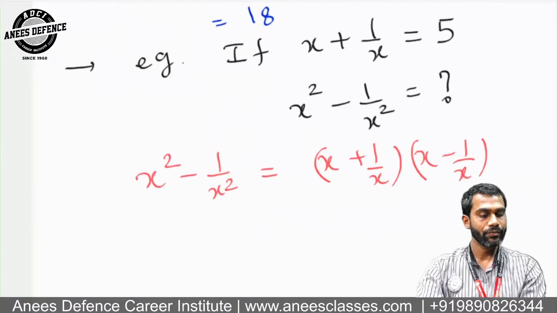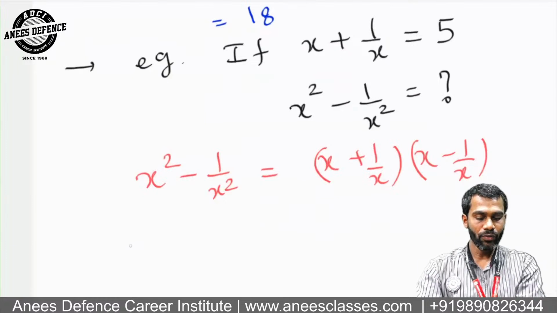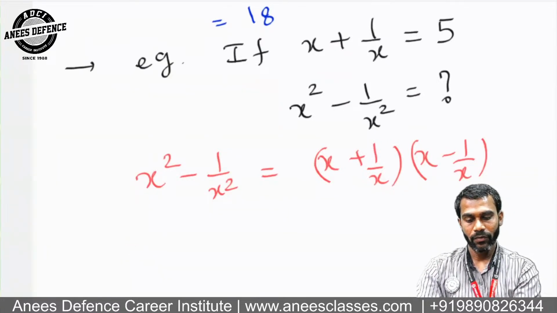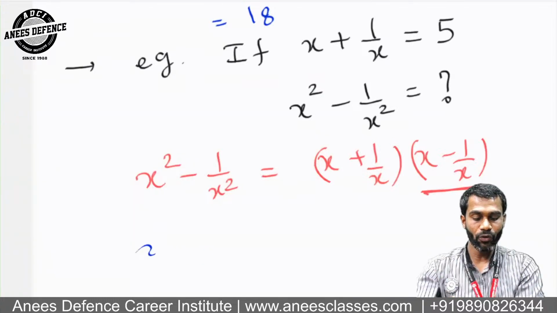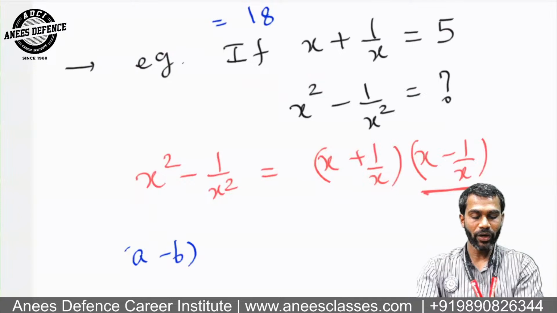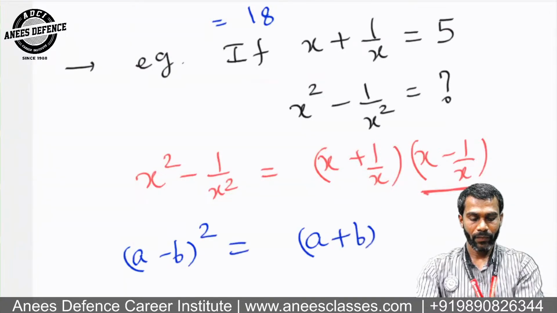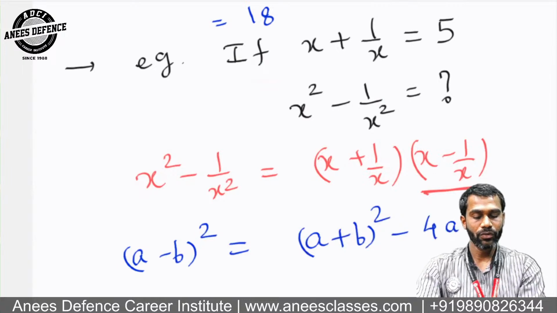Yes or no? And you already know a minus b whole square. We want a minus b, if you see here. Yes or no? What is a minus b whole square? A minus b whole square can be written as a plus b whole square minus 4ab. Yes or no?